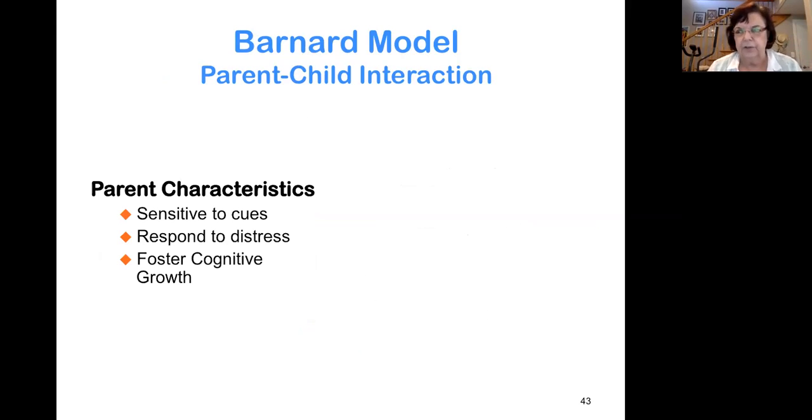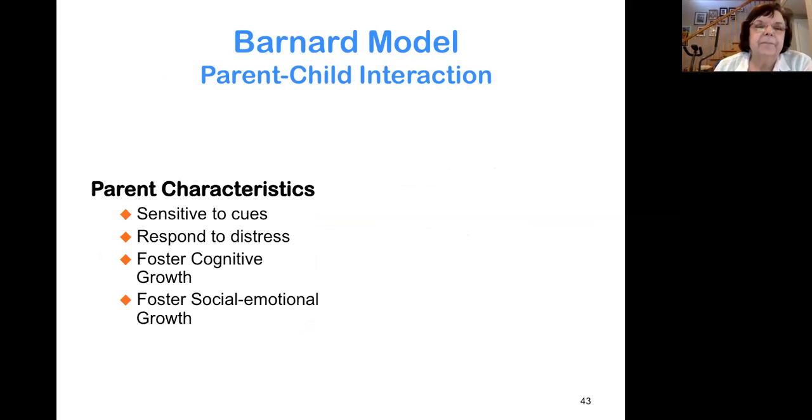Oh, look at the dog over there. Look at that green button. Look at that. And then social emotional growth fostering as well. But children also have characteristics that are important in an interaction.